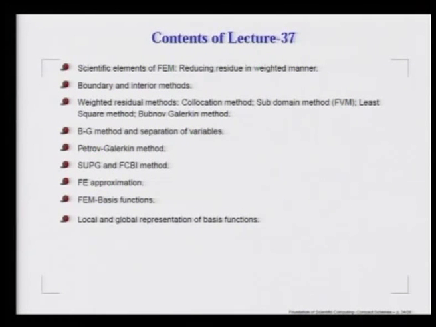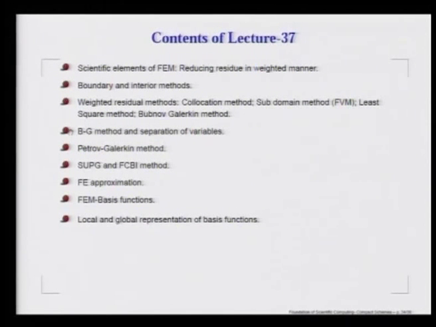They could be a collocation method, or we could apply it at a subdomain, or one could employ a least square approach, or one could take the classical Bubnov-Galerkin method. The Bubnov-Galerkin method is a non-dissipative method, which is quite interesting in its own right. So, we talk about this Bubnov-Galerkin method.